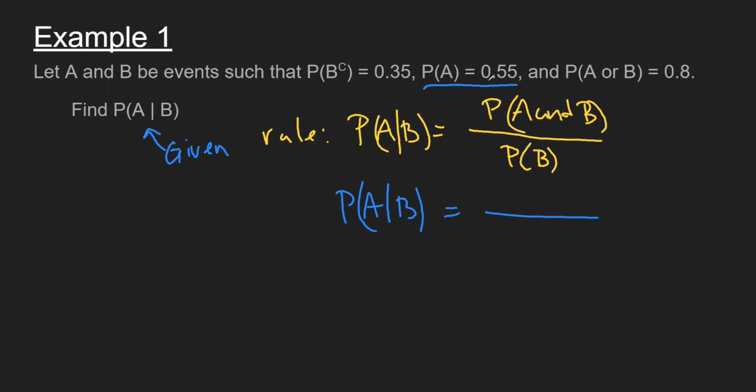Both of these weren't originally given, but earlier we solved for probability of A and B. We got 0.4. And probability of B is just the complement of the 0.35, and we also found that was 0.65. So by simply substituting in these values, we can do our division here and get 0.6154.